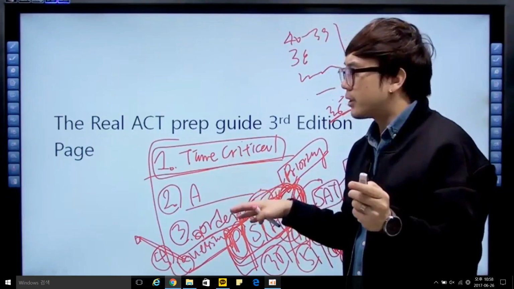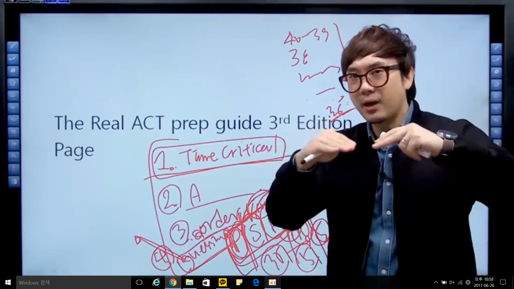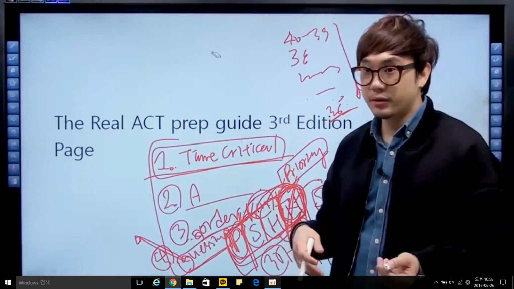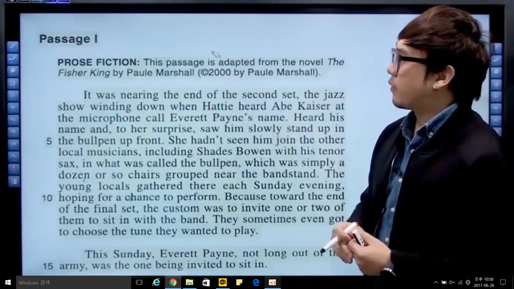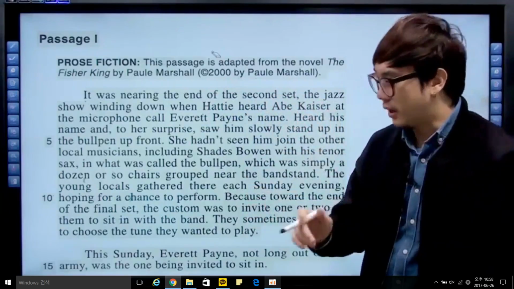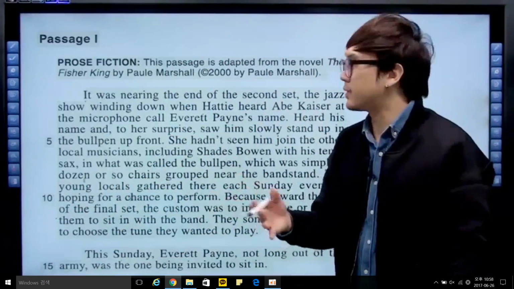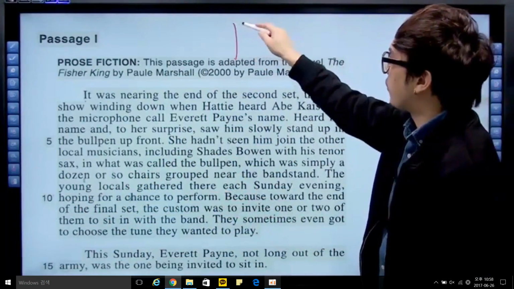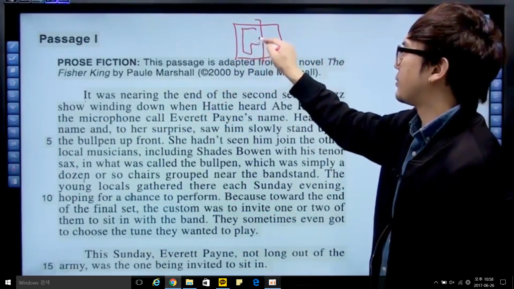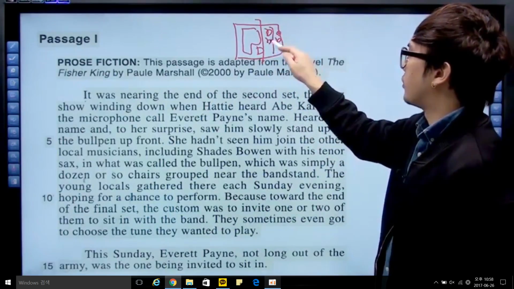I will be measuring a little bit of time, because we are going to work on the timeline, or at least the time criticalness of this test. If we move on to the next passage, passage 1 is of course a prose fiction, and this is not what the real test paper looks like. The real test paper has the entire passage on one side, and maybe a question here and there, and then all 10 questions.